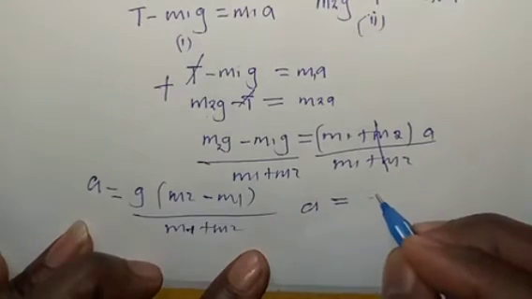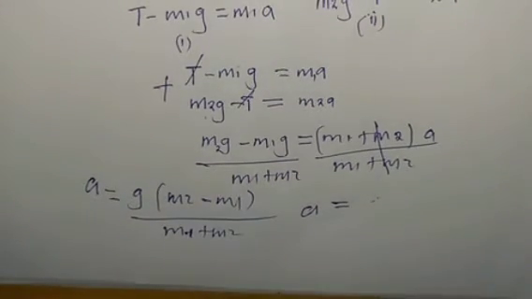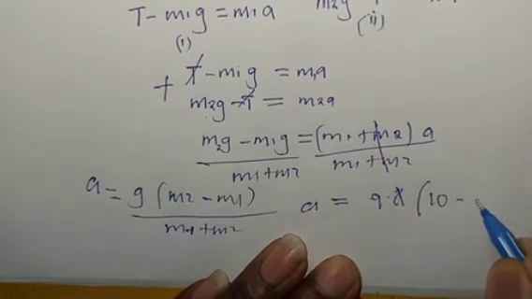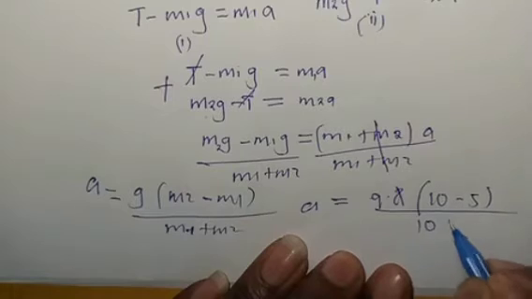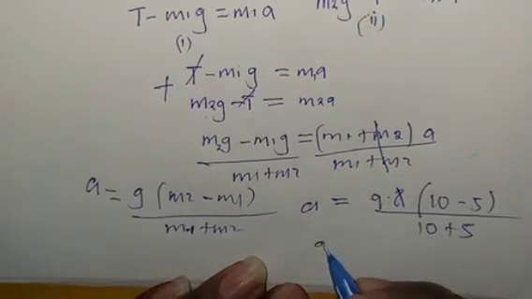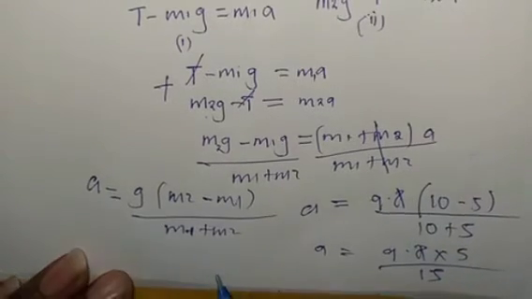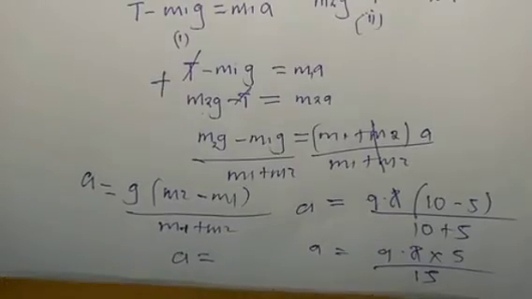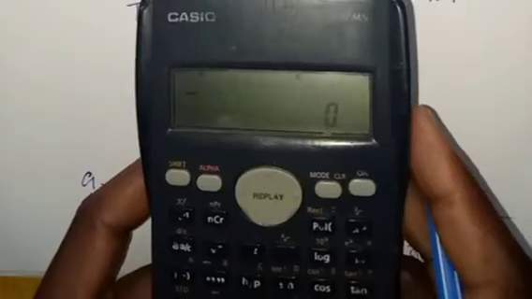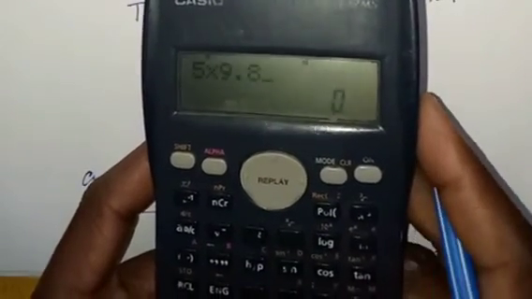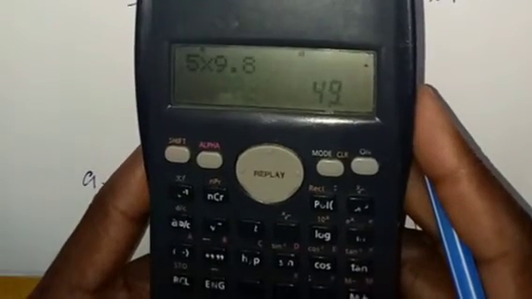meaning that acceleration has to be equal to what is mass 2. So g in this case we have to take it as 9.8. So say 9.8 open 10 minus 5 over 10 plus 5. So acceleration has to be equal to 9.8 multiplied by 5 over 15, meaning that our acceleration in this case is going to be equal to, so you come here and you say 5 multiplied by 9.8, which gives 49.